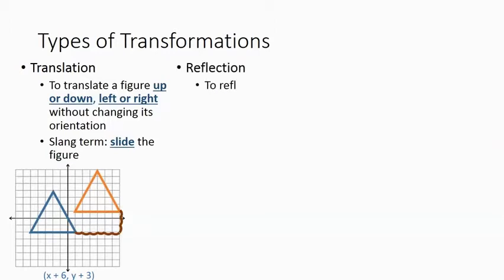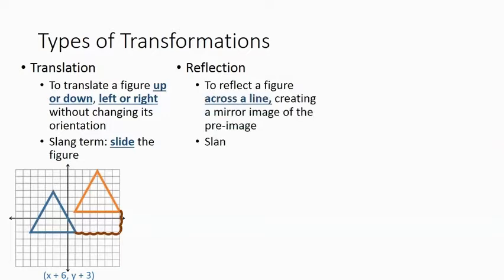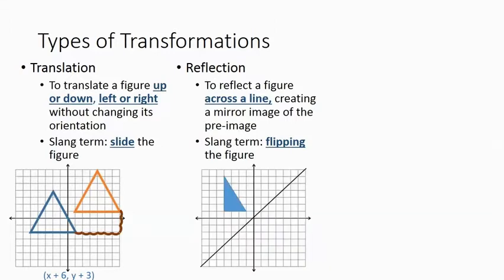We can also reflect. To reflect a figure across a line, creating a mirror image of the pre-image. Our slang term will be to flip the figure. Starting with a different triangle, we're going to flip it across our line.